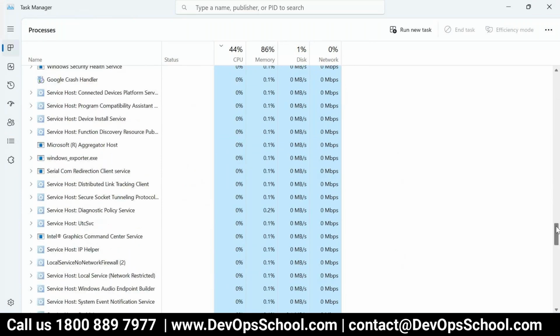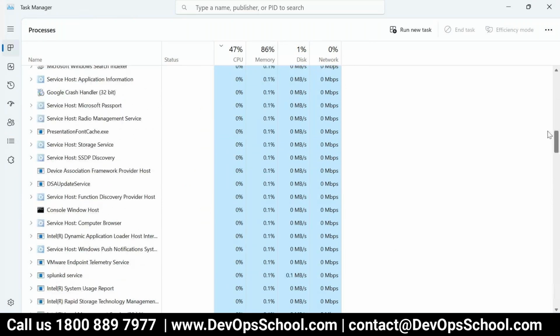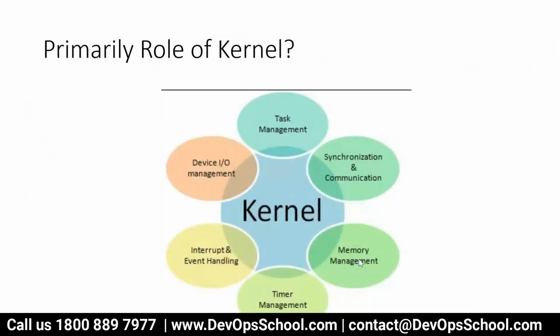So these are the tasks which is managed processes. Also managing the devices and managing device input output like keyboard, mouse, and all of the devices. Also memory management means which process should get how much memory and all kinds of things. Timer management, synchronization, and communication. So these are the primary roles of kernel.